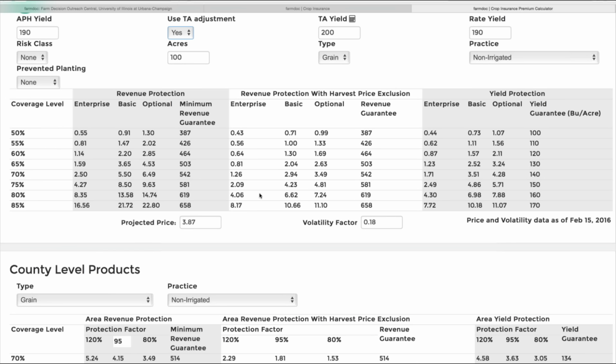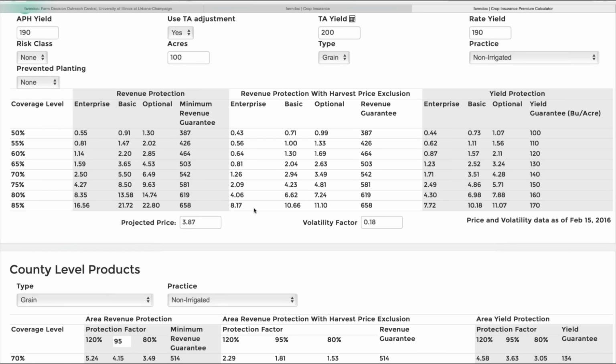All right. Other point here, and we'll come back to this. So now I could pay $16.56 for an enterprise unit. RP with the harvest price exclusion, I can drop that in half to $8.17.